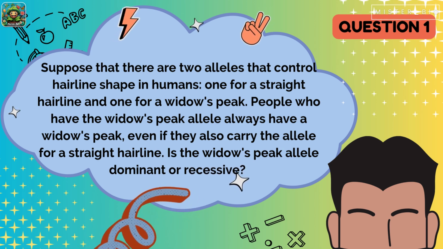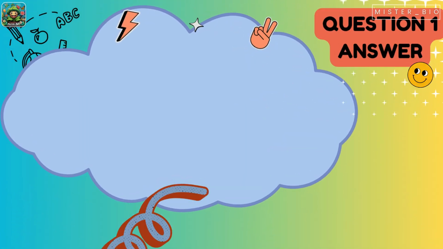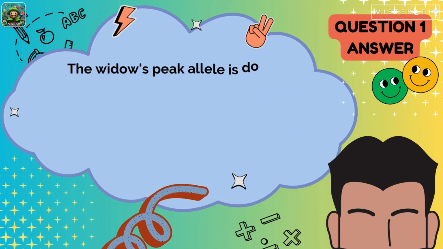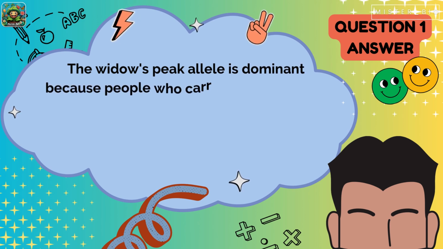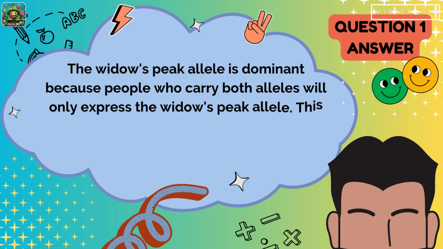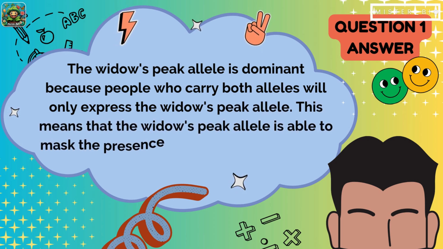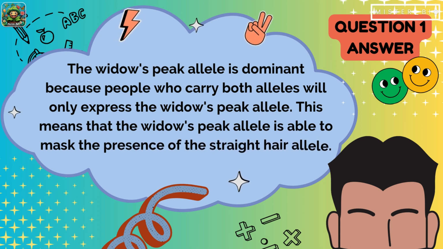Is the widow's peak allele dominant or recessive? And to answer that question, the widow's peak allele is dominant because people who carry both alleles would only express the widow's peak allele. This means that the widow's peak allele is able to mask the presence of the straight hair allele.